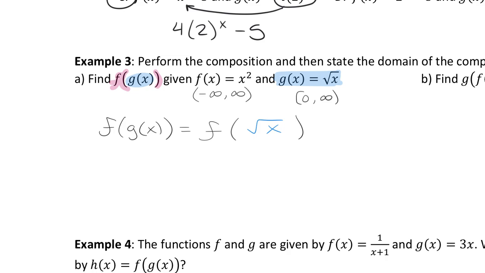Just put it in there. Then f of square root of x means that I'm going to put a square root in the f function everywhere there's an x. So this will look like something squared, and that something is still going to be my square root x.